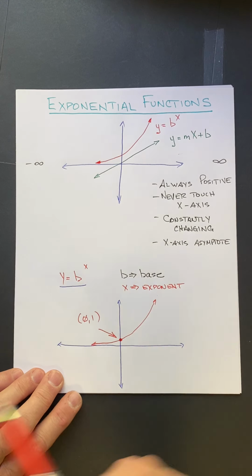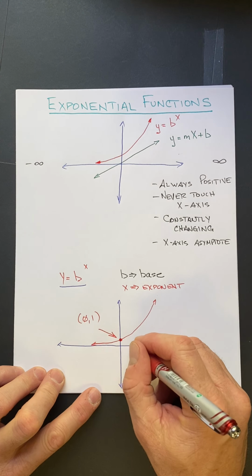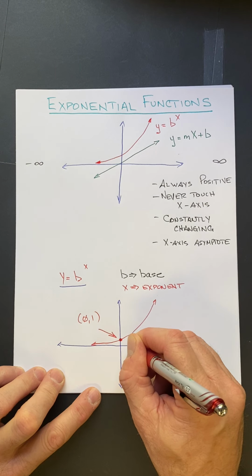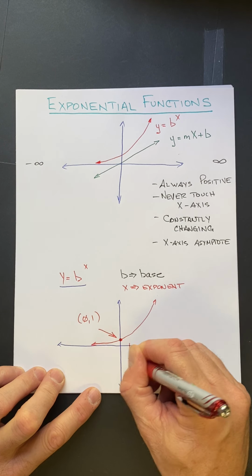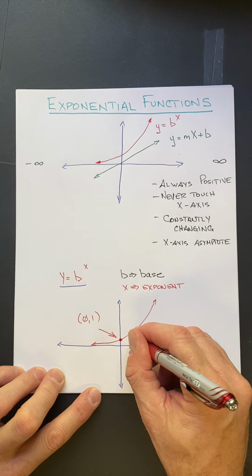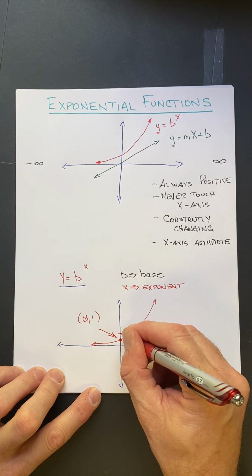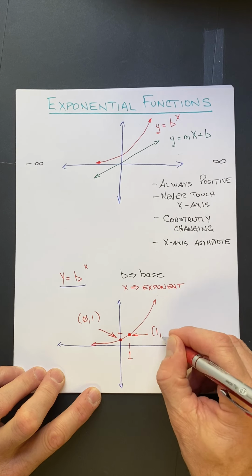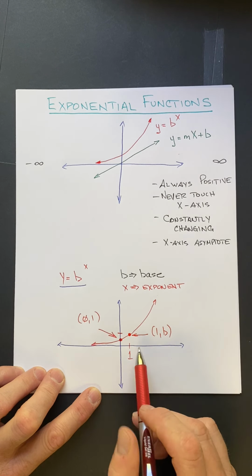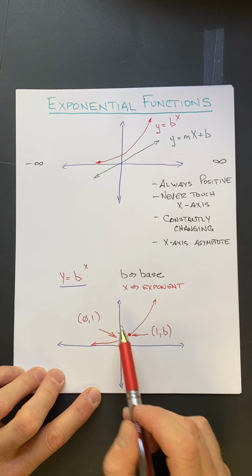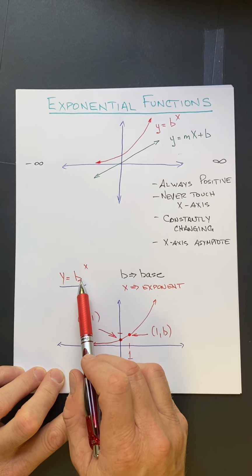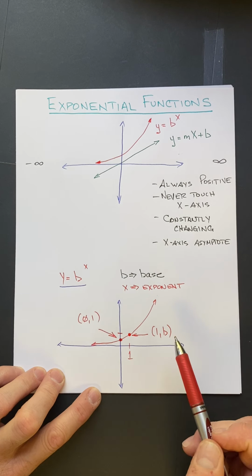Now, the other point that it's going to intersect is a point over here where we're talking about x is out at 1, all right? This here will always be the point 1, b, because again, we go back to our formula. If x is my input, I'm talking about b to the first power, right?